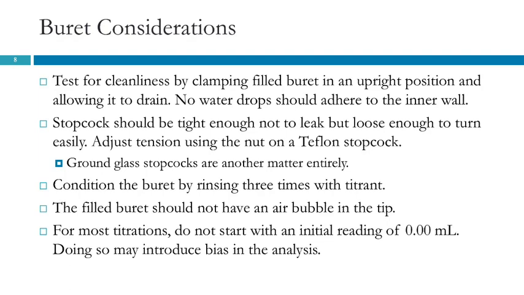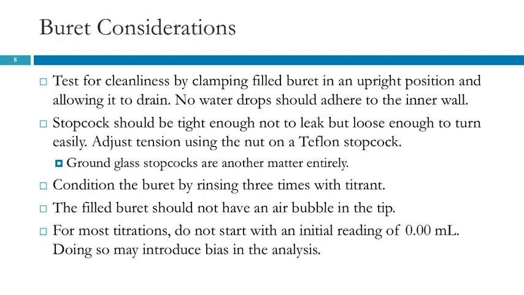For most titrations, you do not want to start at 0. Starting at 0 can introduce bias into your analysis, especially if you are titrating something that has been measured by volume. So, the acetic acid in vinegar lab, pipetting 2 milliliters of this vinegar solution.